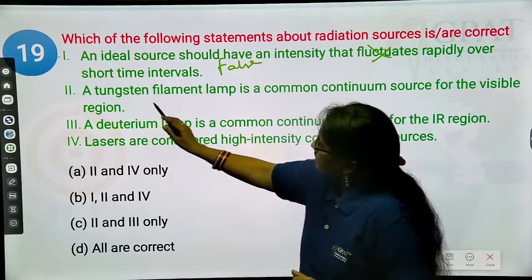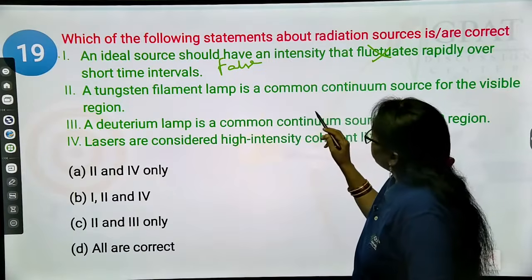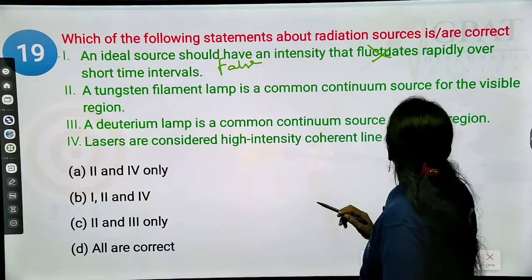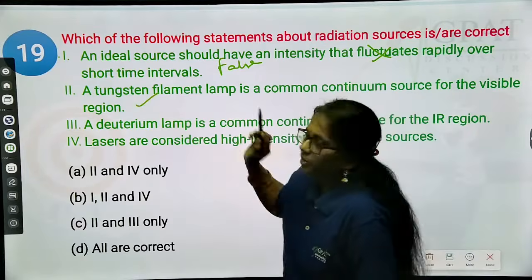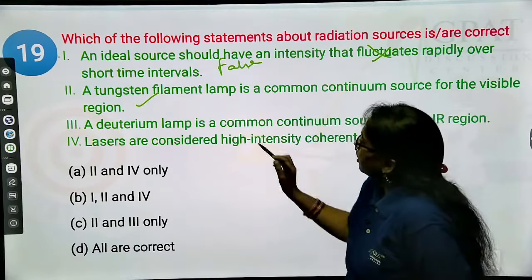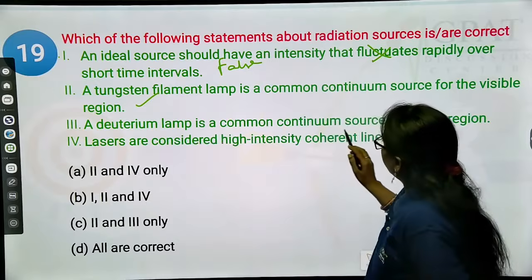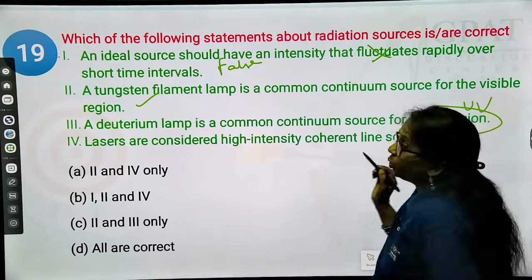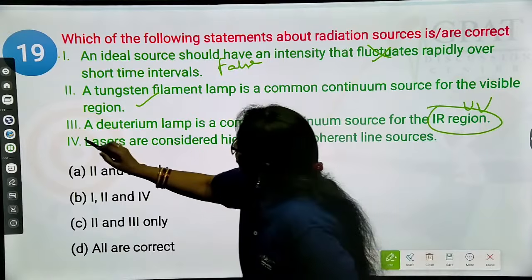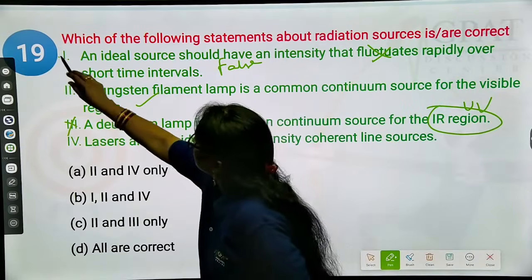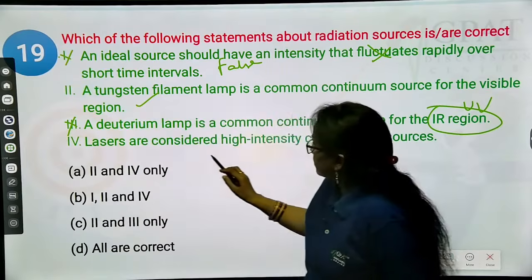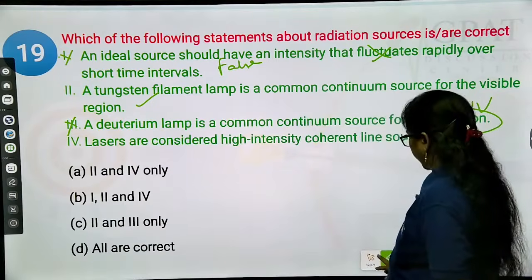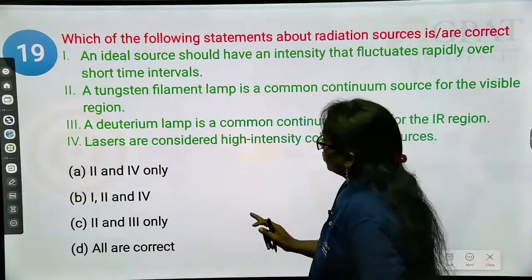Next, a tungsten filament lamp is a common continuous source for the visible region. Common continuous source. Next, a deuterium lamp is a common continuous source for the IR region. No, this is for the UV region, so this is also wrong. Lasers are considered high intensity coherent line sources. So this we can consider.